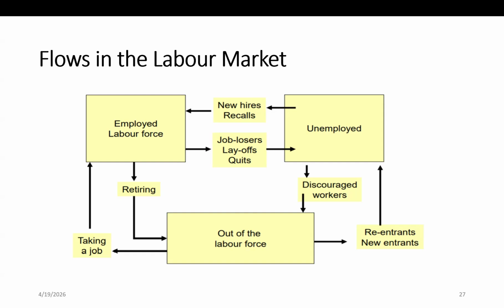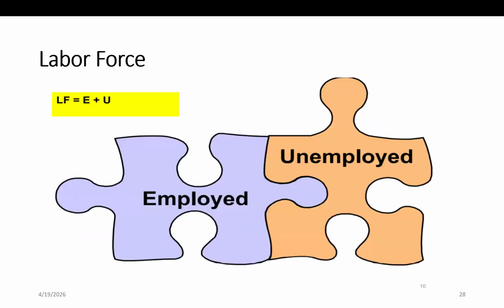And then if a person who was in the unemployed category gets a new job or gets a new recall, then that person will again go to the employed category. So that is how these labor market flows are going on. And this is the labor force.